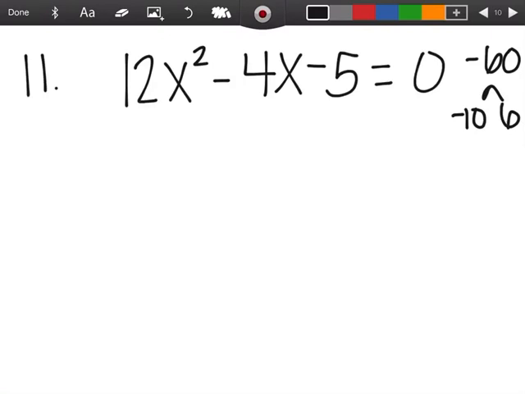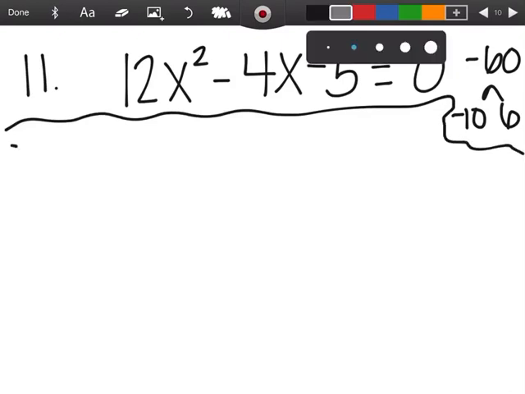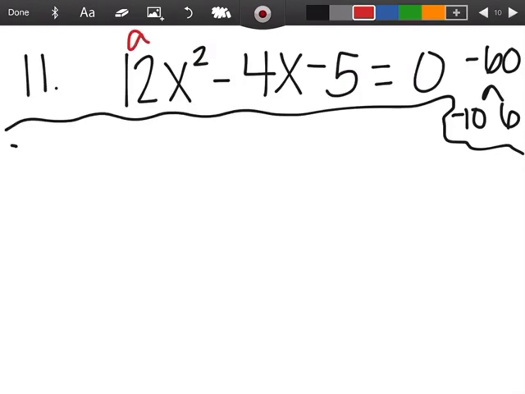So I absolutely 100% can use this factoring strategy. I'm going to use the quadratic formula. So I'm going to say that A is 12, B is a negative 4, and C is a negative 5.